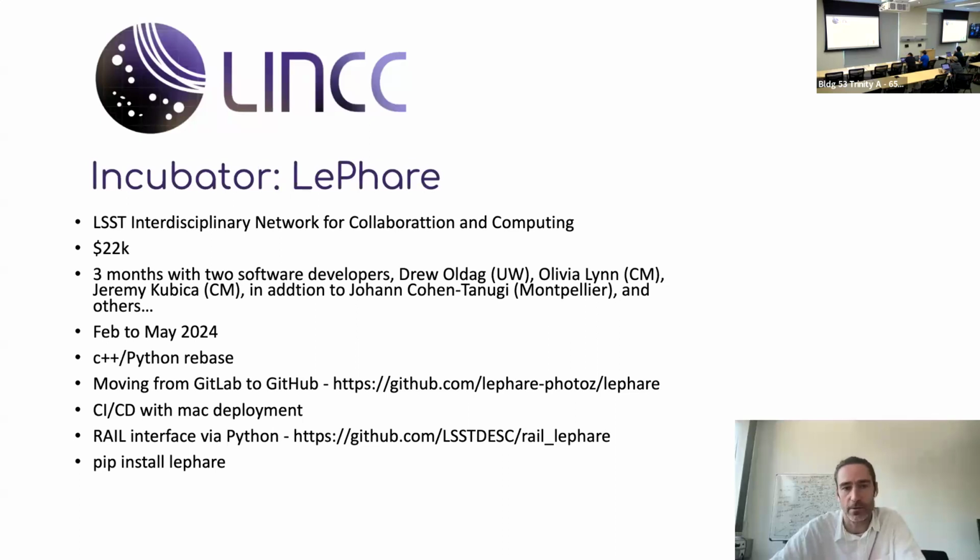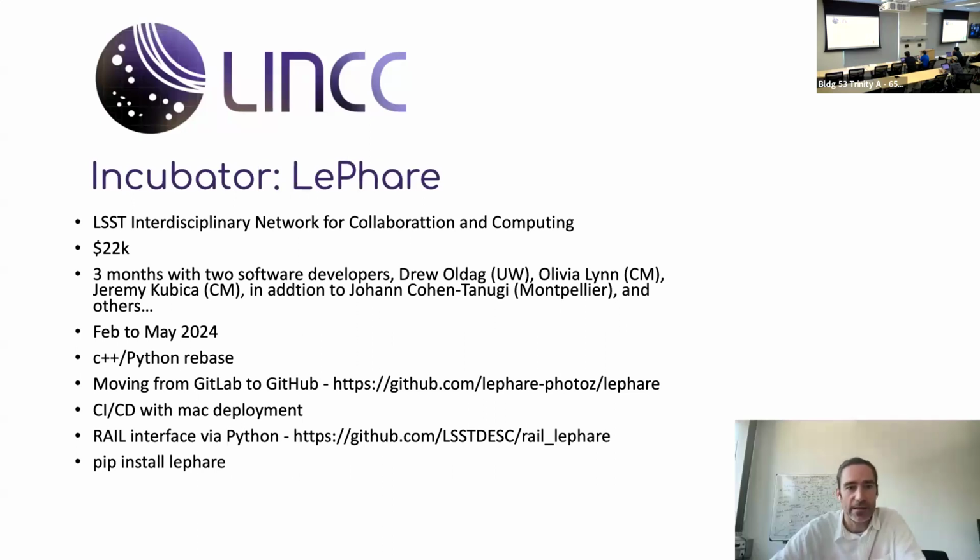Most of the work was on the continuous integration, continuous development, using all of the GitHub Actions to really improve the testing, publishing to PyPI, all those sorts of things that contribute to good code development, but the actual algorithms weren't drastically changed.